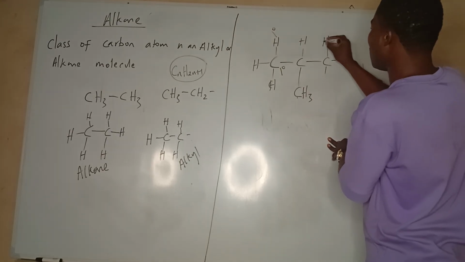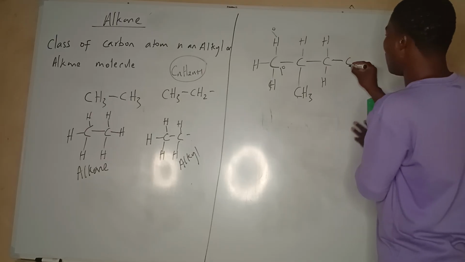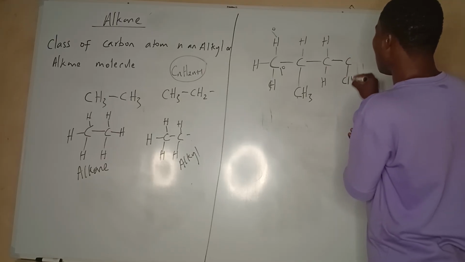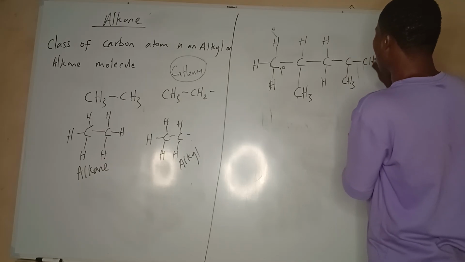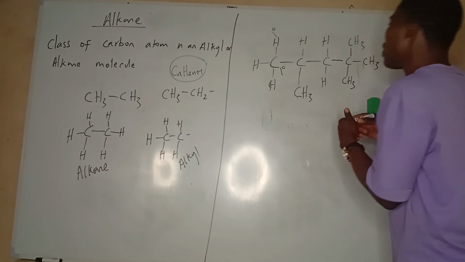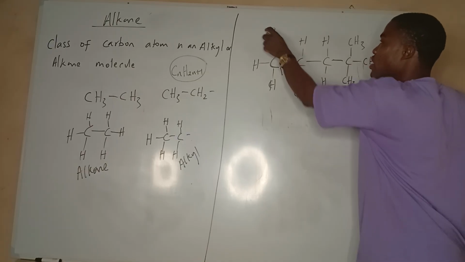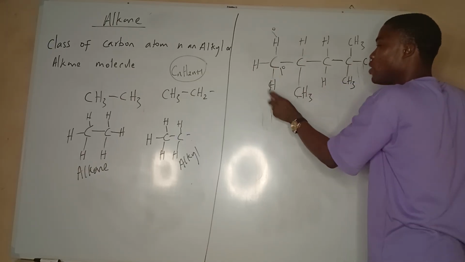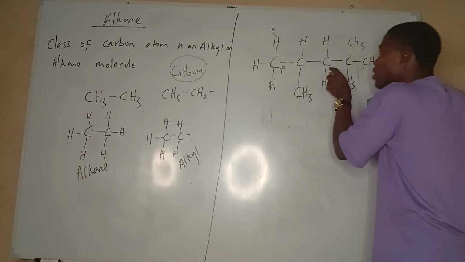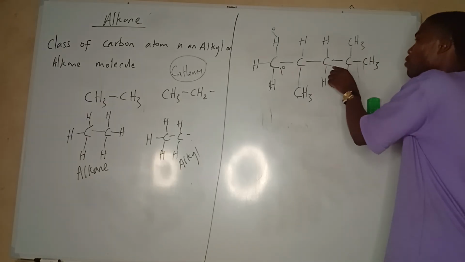Let's say H, H, C, CH3, CH3, CH3. Beautiful. So now this is 1 degree, or primary. When I say primary, I mean 1 degree. So 1 degree hydrogen, 1 degree hydrogen, 1 degree hydrogen, 1 degree carbon. Now come here.